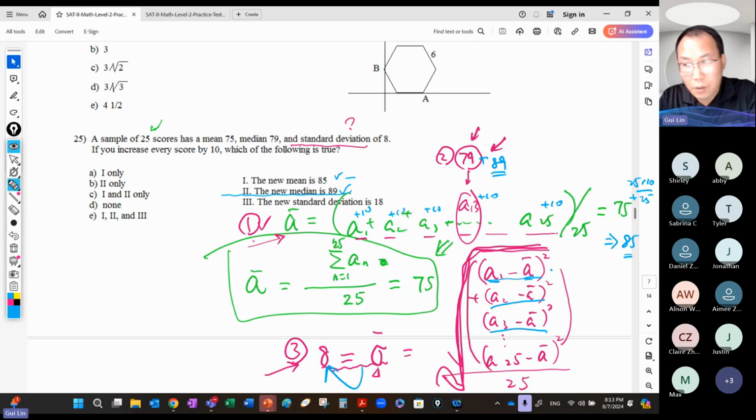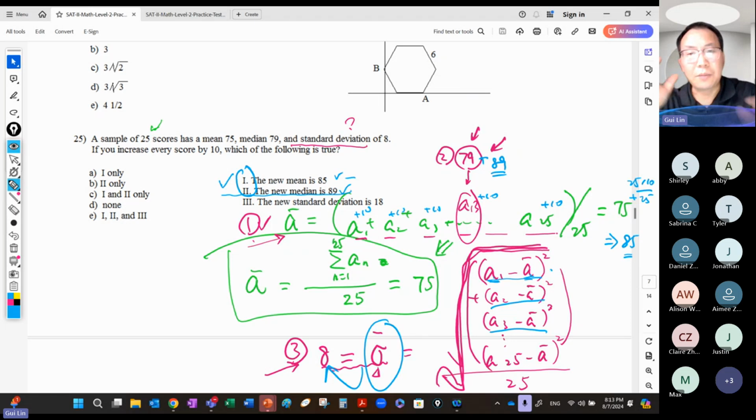So if your data all increase 10, the deviation doesn't change because they disappear. Just 10 minus 10, plus 10 minus 10, right? So it disappears. So the deviation part doesn't change. It did not increase 10. So only 1 and 2 are correct. The third one is not right.